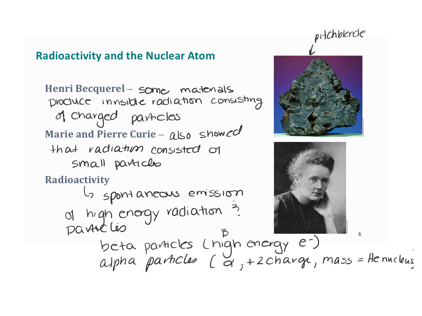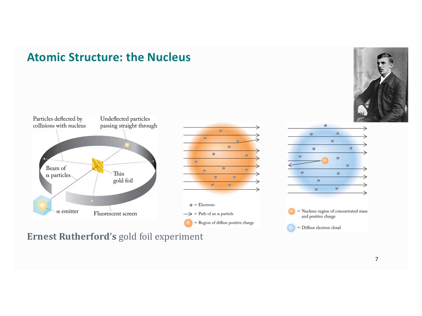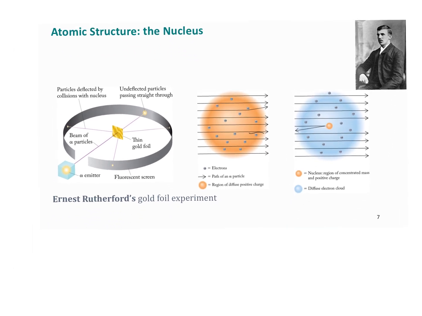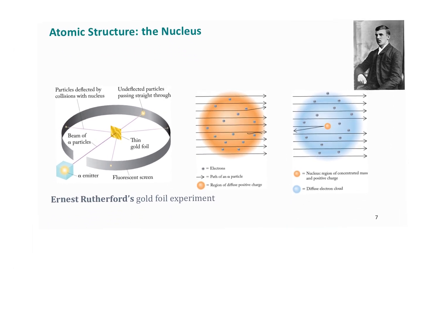And this led a physicist from New Zealand to attempt to validate the plum pudding model. His name was Ernest Rutherford, and he designed what's now called the gold foil experiment. So he had a radioactive source. It emitted those alpha particles that we talked about.